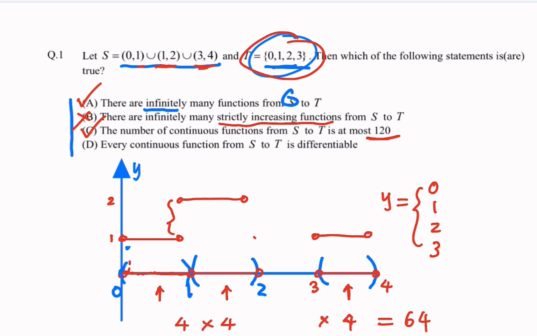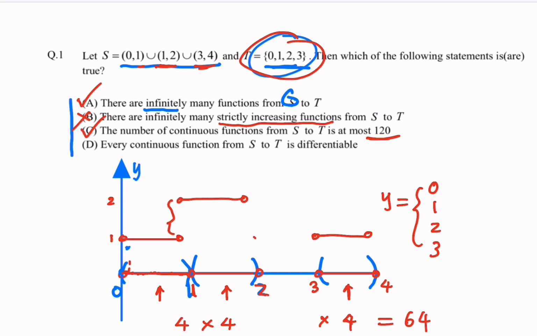For the points x equal to 1, 2, 3, 4, those points are not in the domain, so you don't have to consider them. So when you check for discontinuity, you can exclude those points. Any point in the open interval 0, 1 is differentiable because it's a flat function, and the derivative is 0.